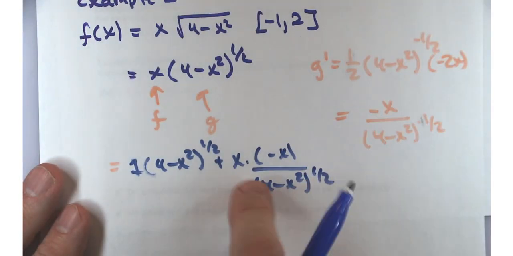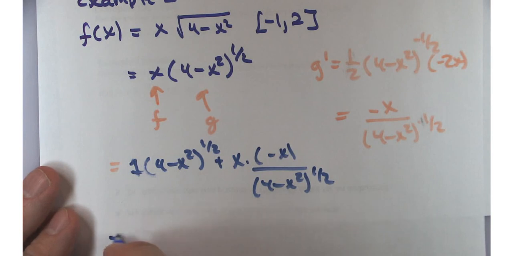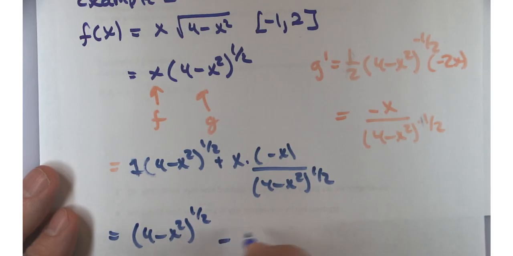So these two combine and I get 4 minus x squared to the 1/2 minus x squared over 4 minus x squared to the 1/2.